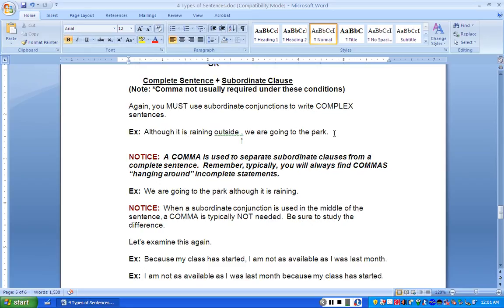Now I want you to think back to what I talked to you about in the first video on simple sentences. I stressed to you that sentences typically, I use that word, typically, begin with a subject. When I use the word typically, I was giving myself a little flexibility because sometimes they don't. And here is an example of when they don't. But remember, here's what you need to understand.